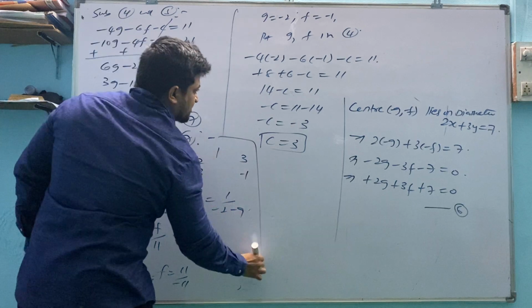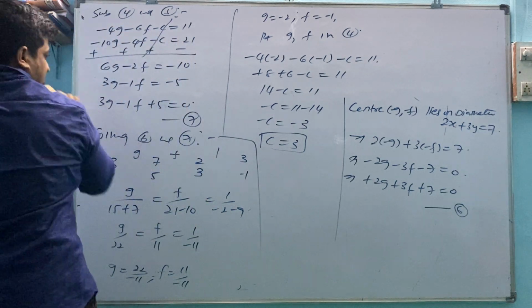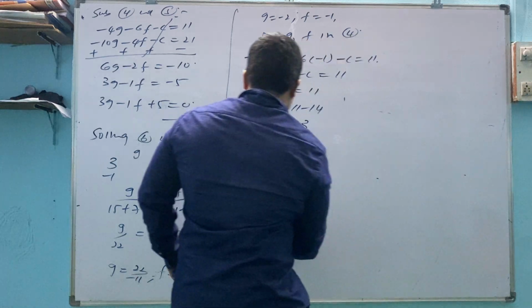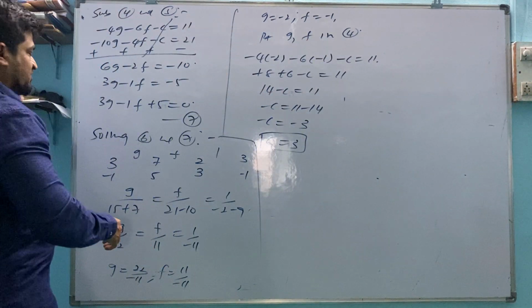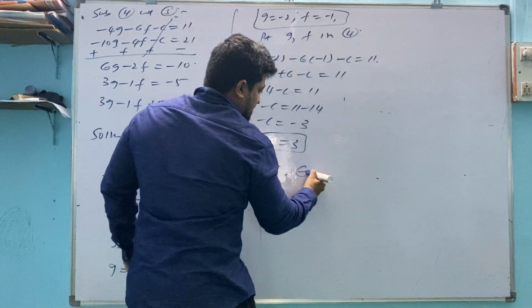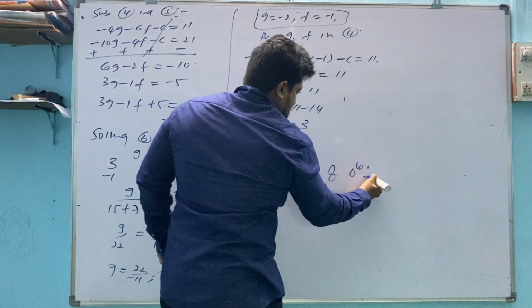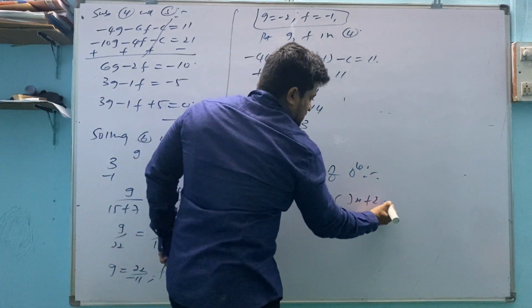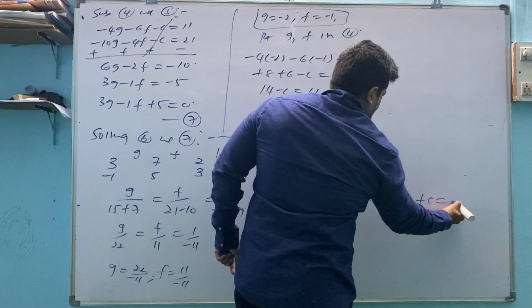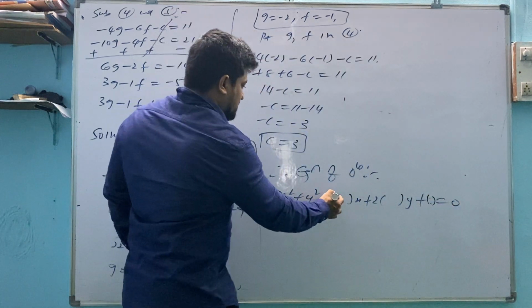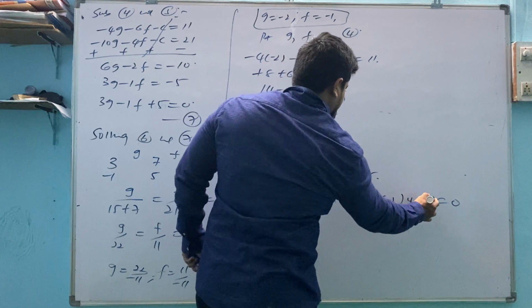What do we have? g, f and c values, more than enough to find the equation of the circle. x square plus y square plus 2gx plus 2fy plus c is equals to 0. g value minus 2, f value minus 1, c value is 3.